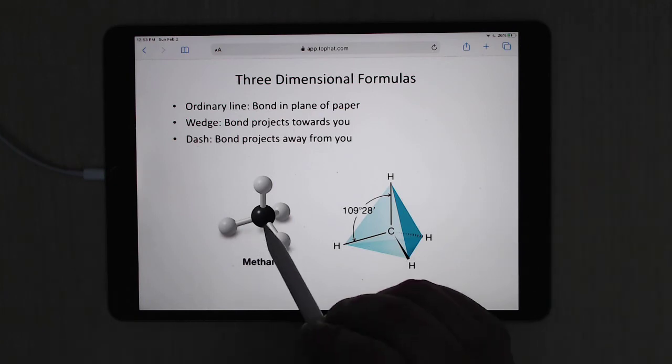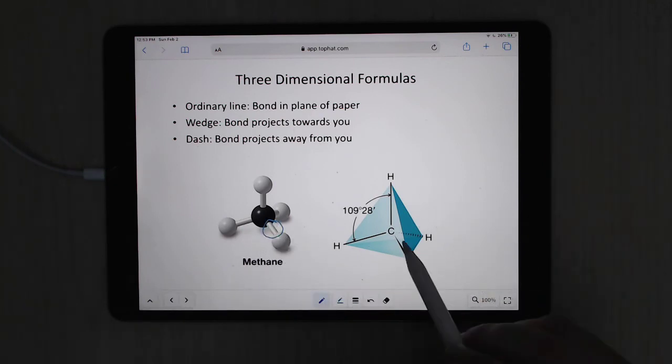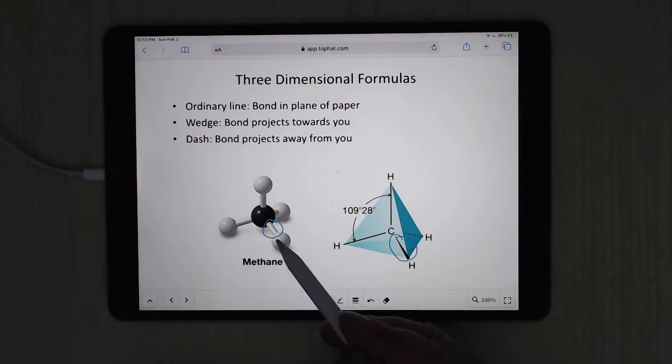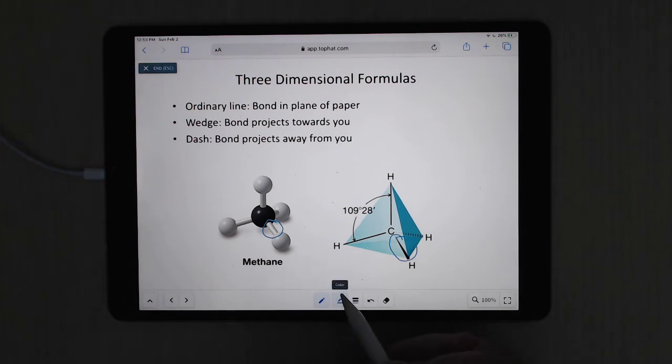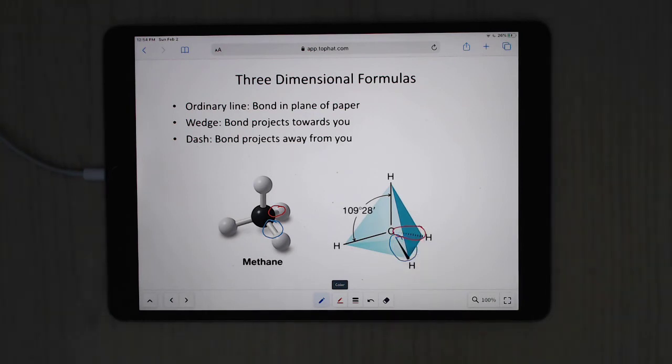But if this bond here is coming out at you, notice how it's a heavy line. We call that a wedge. That means this CH bond is coming out at you. While this bond here, which is going away, we indicate with a dash. This will be more important when we get to chapter 5. But if you see it, that's what it means.